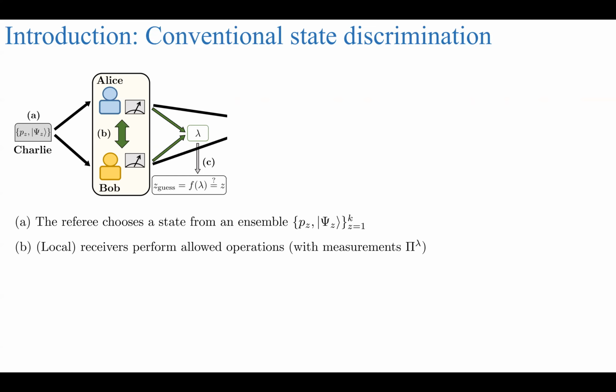And then after receiving the state, the receivers apply measurements and operations. For example, LOCC is a very natural choice. From the measurement outcomes, they can guess which state came, and so they decide the guess g, and then send it back to Charlie.